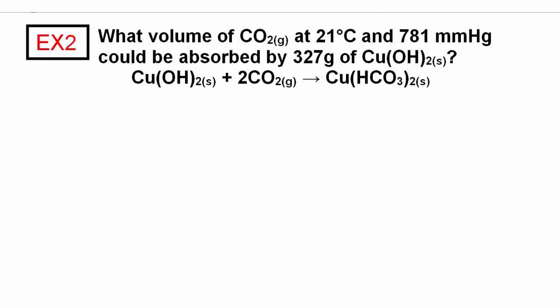What volume of carbon dioxide gas at 21 degrees Celsius and 781 millimeters of mercury could be absorbed by 327 grams of copper hydroxide? They're after volume. So you know we're going to use PV equals nRT.